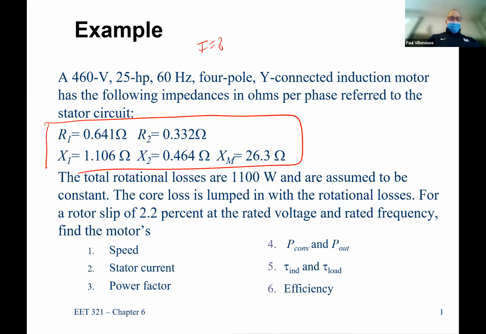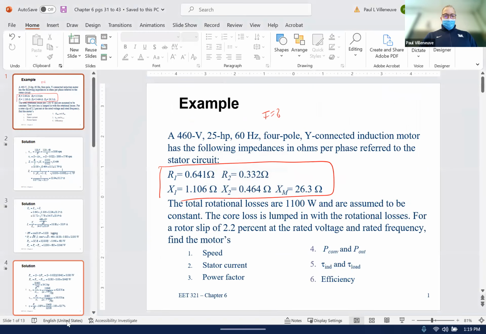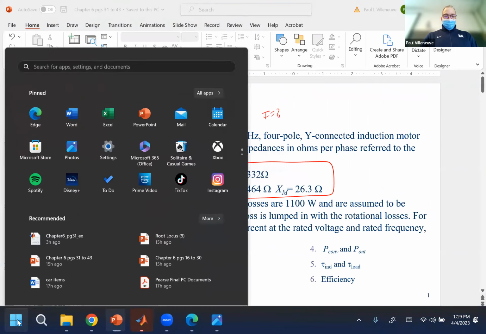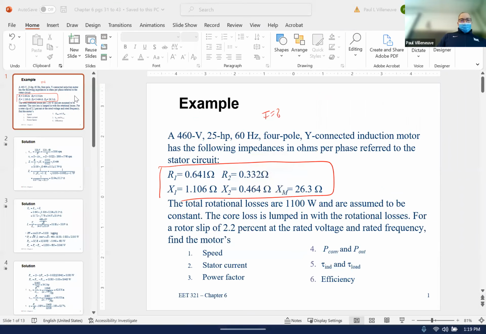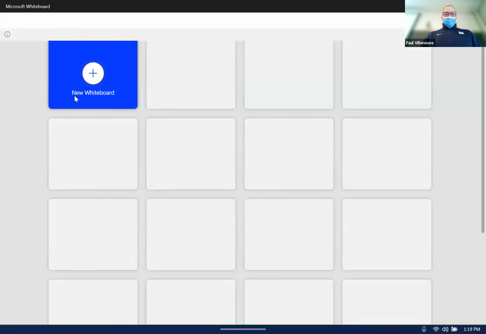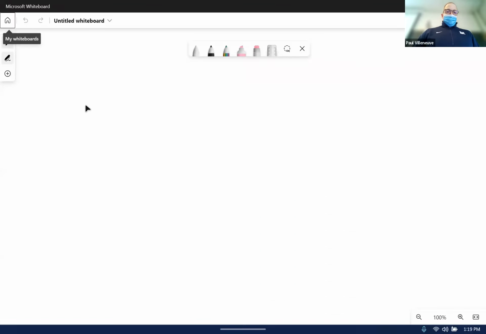So let me bring up the whiteboard, and we'll draw the equivalent circuit. Then we'll fill in the blanks when we're ready.